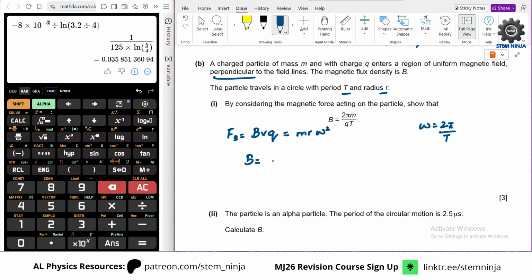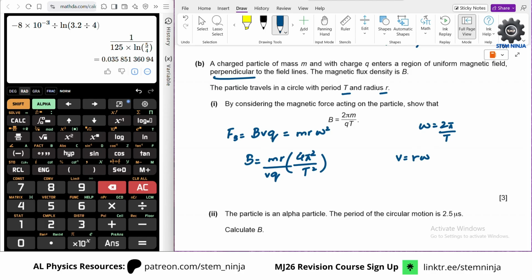Okay, so first off, B is going to be m r 4 pi squared over T squared divided by vq. So v is r omega also. Yeah, because v is r omega.